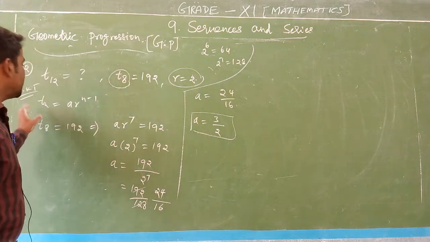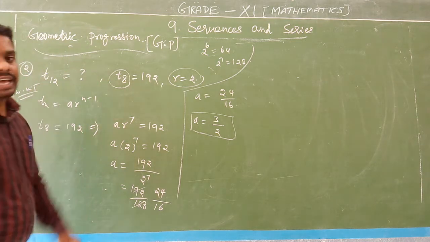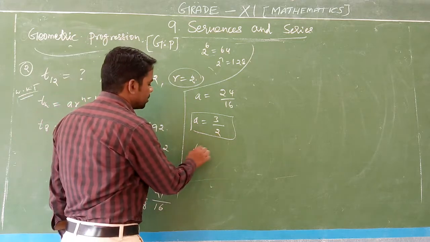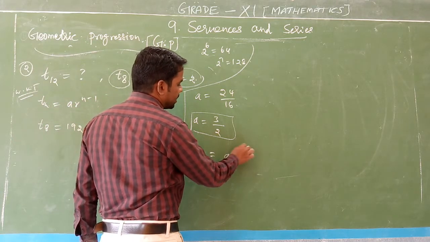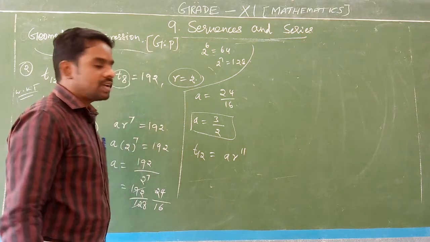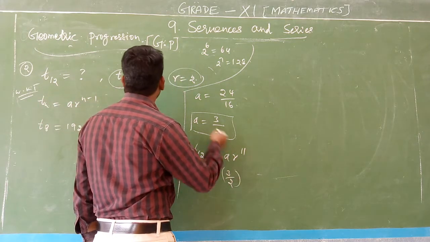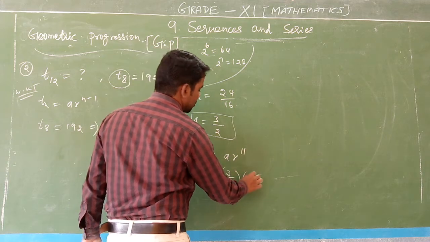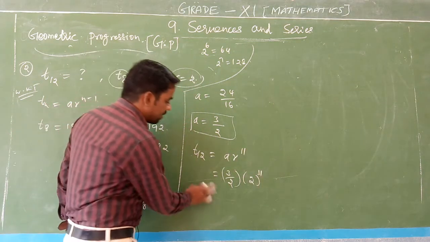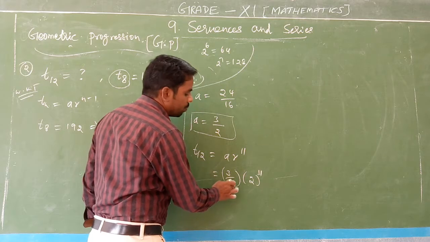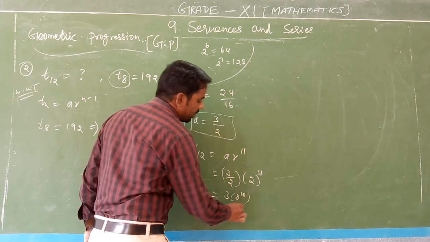We know the formula a r power n minus 1, and we need the 12th term of the given geometric sequence. So T12 is equal to a r power 12 minus 1, that is 11. Here a is 3 by 2 into r power 11, and r is 2, so 2 power 11. 3 into 2 power 11 divided by 2 cancels, remaining 2 power 10.